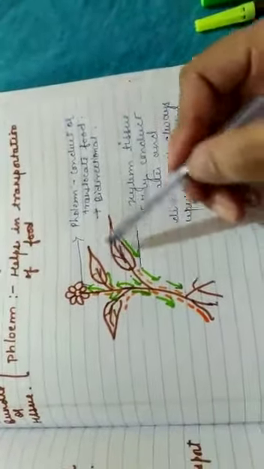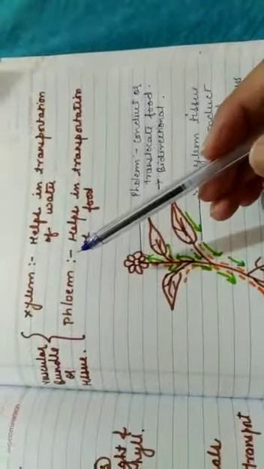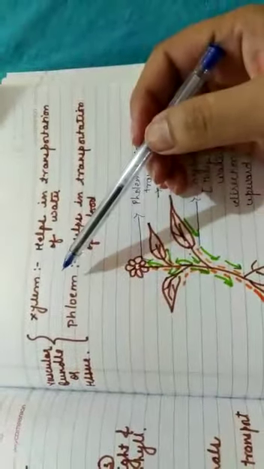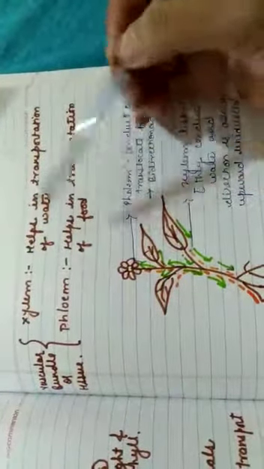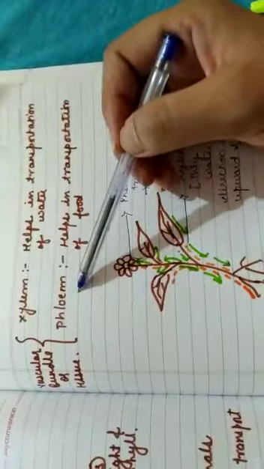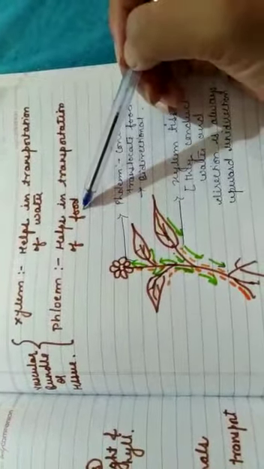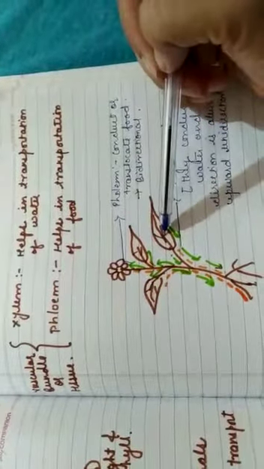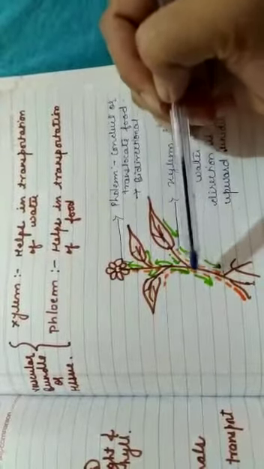Okay, got it? So there are two important tissues present in the plant, the xylem and phloem. The xylem conducts water, which helps in water transportation to different parts of the plant. The phloem helps in the transportation of food. The food is stored in the form of starch in leaves, and from the leaves the phloem transports this food to different parts of the plant.